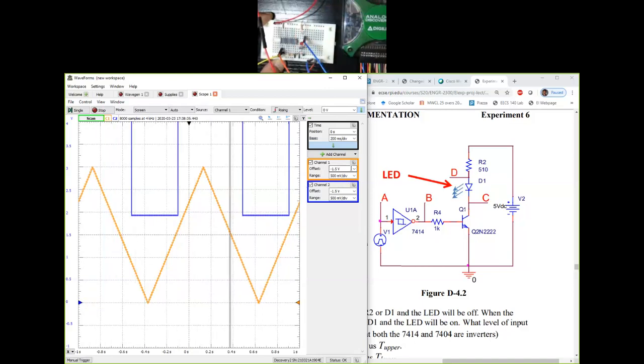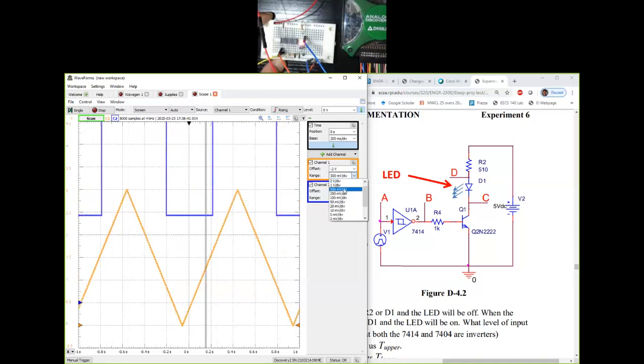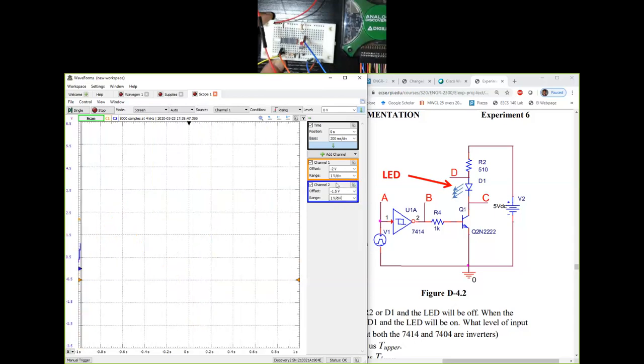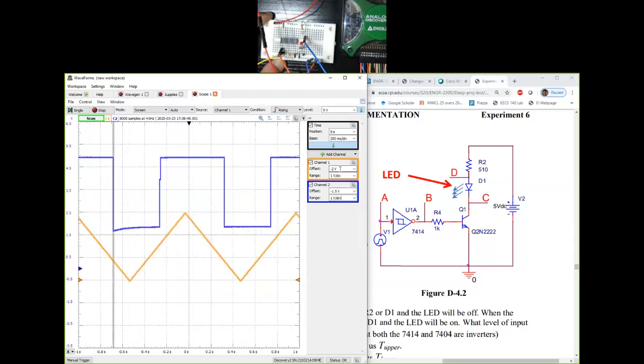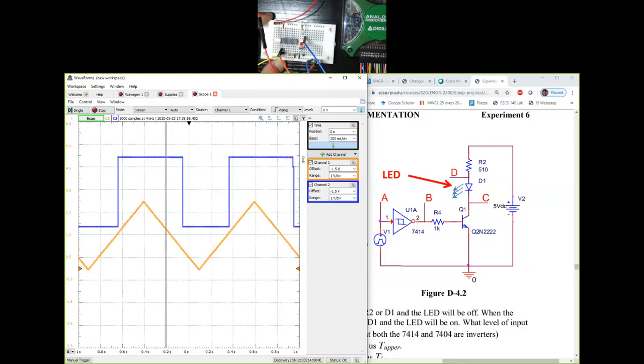I would need to adjust the offset a little bit to make sure that I'm able to see the entire thing. So the output is still switching low, high, but it is doing it when the input is close to here or close to here. So you still have two threshold levels, as you can see.